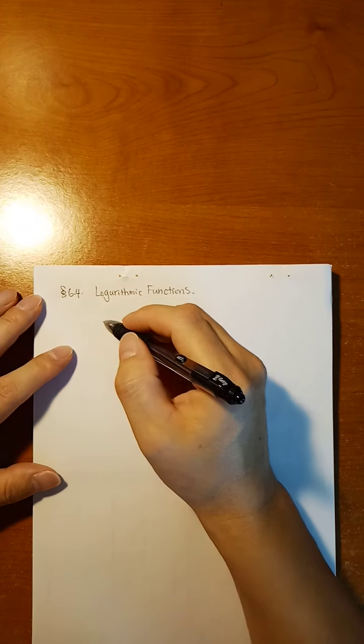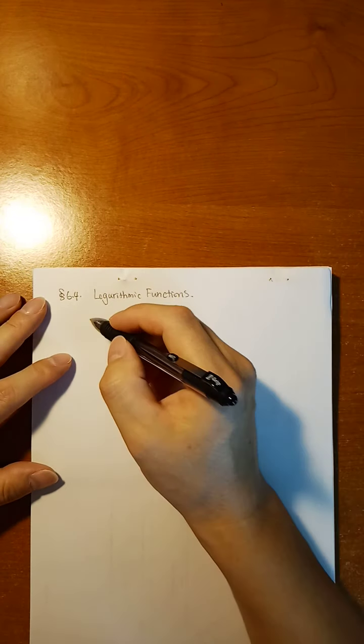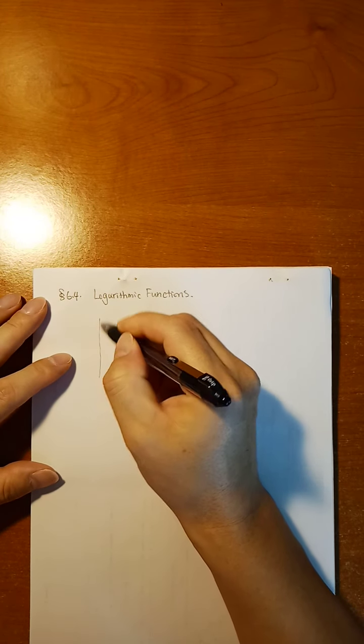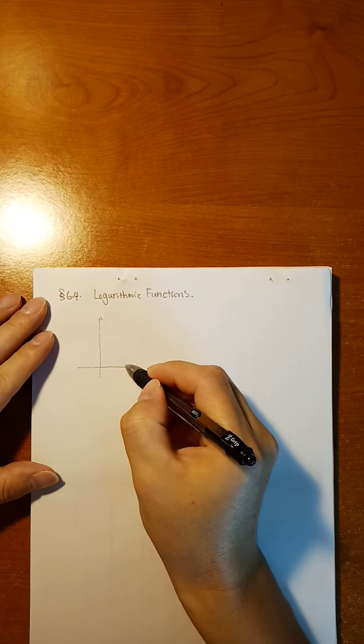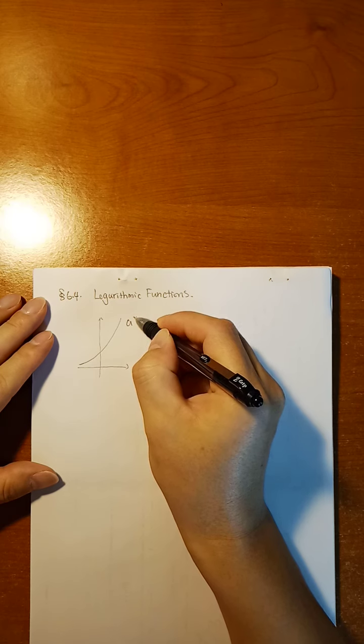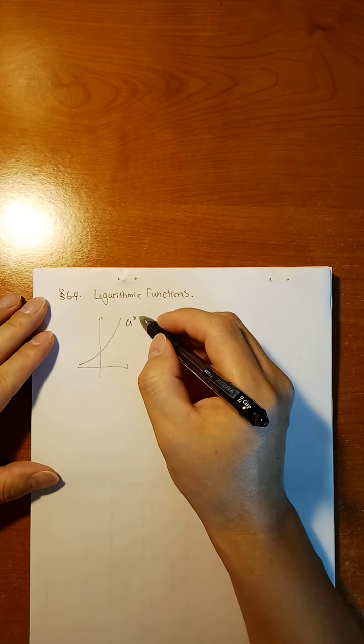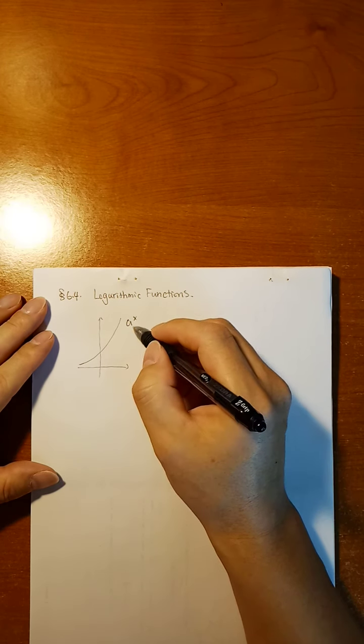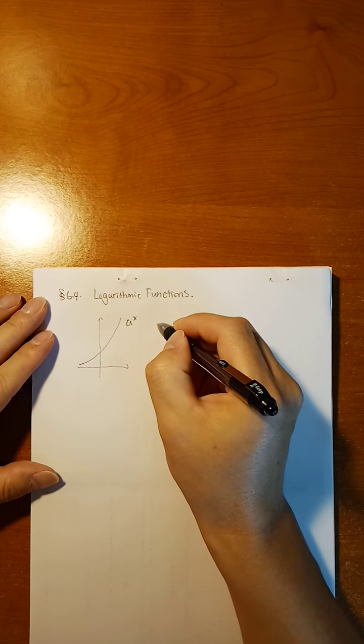We know that in the exponential functions, this is a graph of y equals a to the x. Here a is greater than 1.